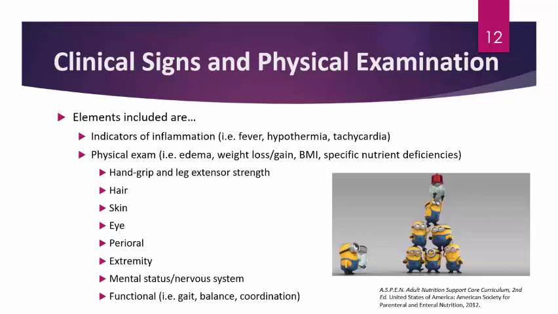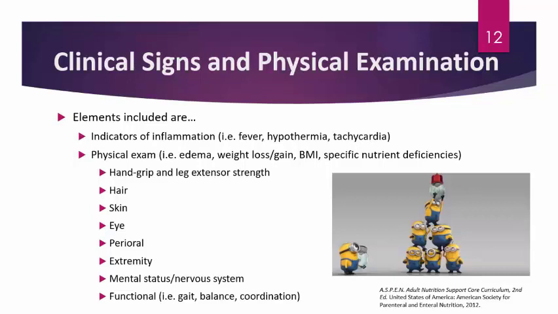And in terms of your physical exam, whenever you do your physical exam, if you see certain abnormalities, that may be indicative of certain nutrient deficiencies that a patient may have. Now, these aren't necessarily what I would call foolproof diagnostics.